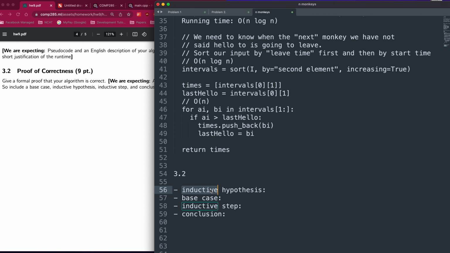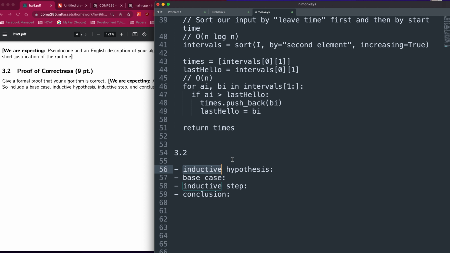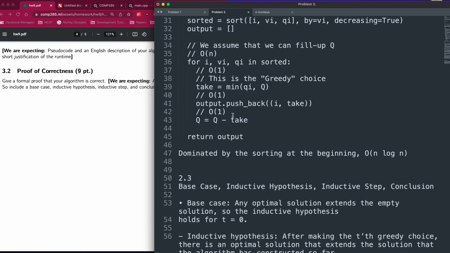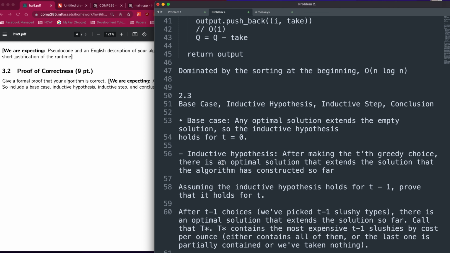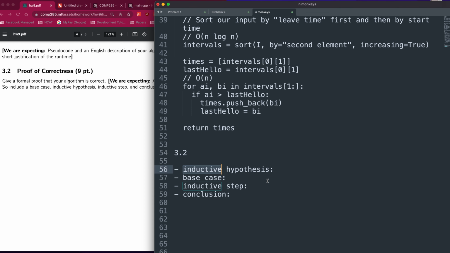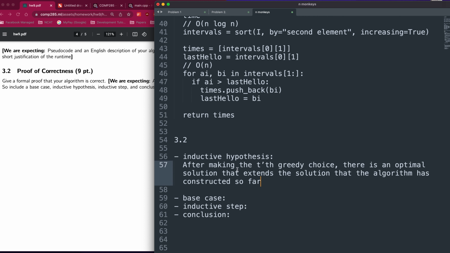But honestly, the inductive hypothesis for almost all the greedy algorithms are not that different. So if we go back to the previous problem, we have that our inductive hypothesis was this. And actually, our inductive hypothesis here is basically going to be the same, which is after making the t-th greedy choice.